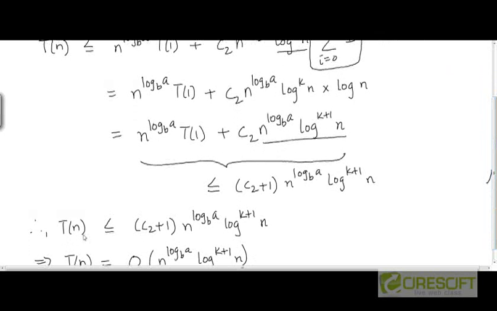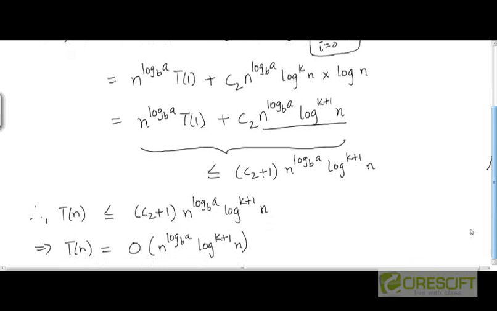So t of n can be claimed to be bounded from above by some constant multiple of n to the power log base b of a times log to the power k plus 1 of n. This means that t of n is in big O of n to the power log base b of a times log to the power k plus 1 of n.